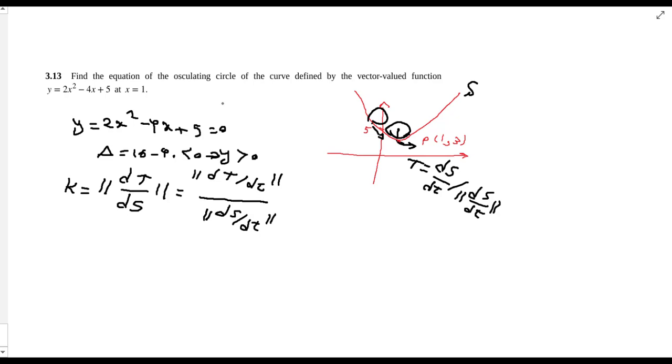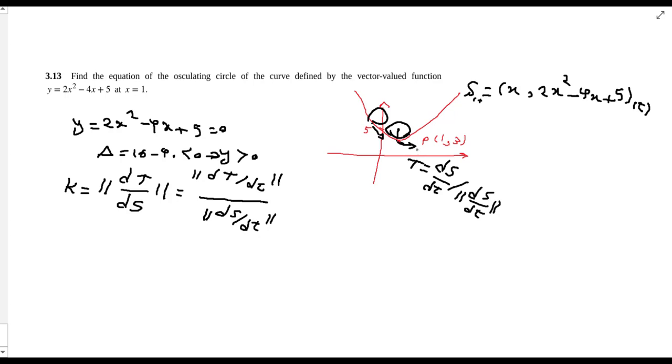Here s is in terms of the function, and x, which changes at any point, is x(t) and y(t), which is equal to 2x² minus 4x plus 5 in terms of t, and that is the parameterization.